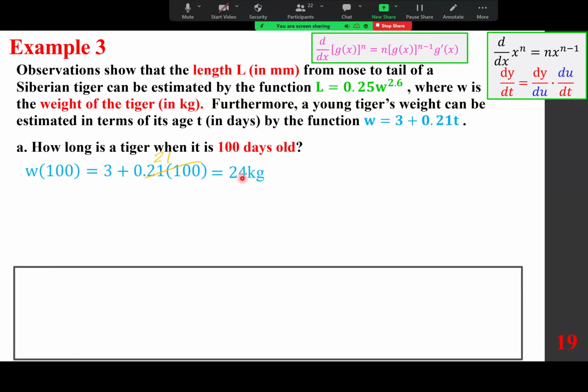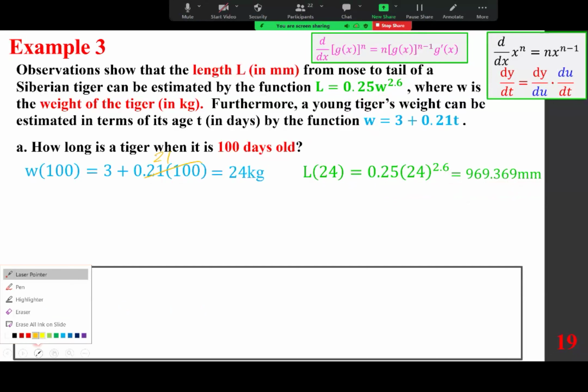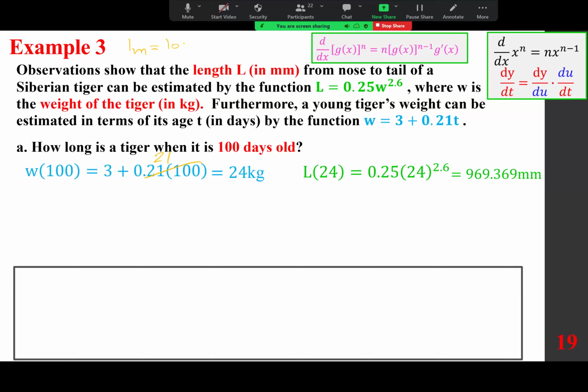Now if we put this into here, 0.25 times 24, the weight, to the power of 2.6, into a calculator, you get 969.369 millimeters, reminding everyone that 1 meter is 100 centimeters or 1,000 millimeters. So that means this is almost 1 meter.